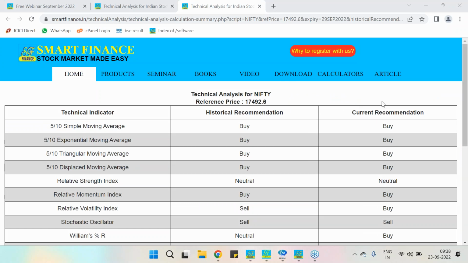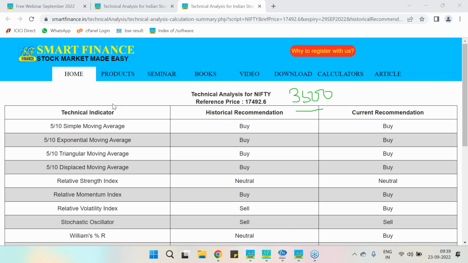Any idea? 3,500 indicators and oscillators. And all these 3,500 indicators and oscillators are based on historic data alone. In moving averages itself, you have nearly 45 moving averages.